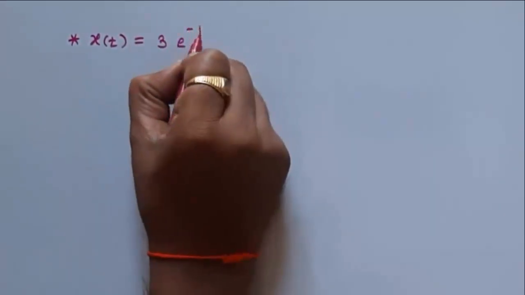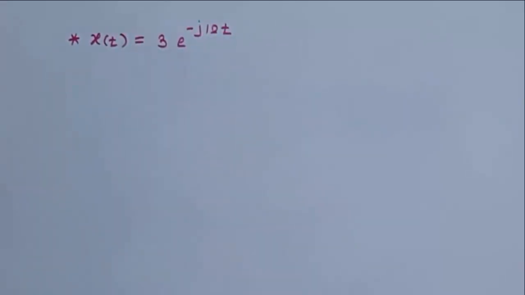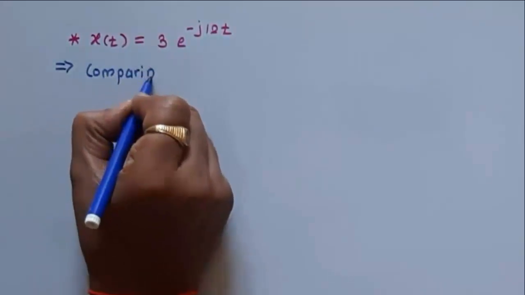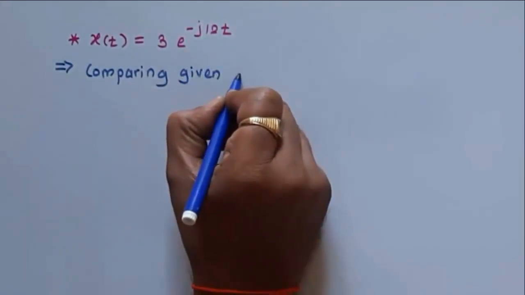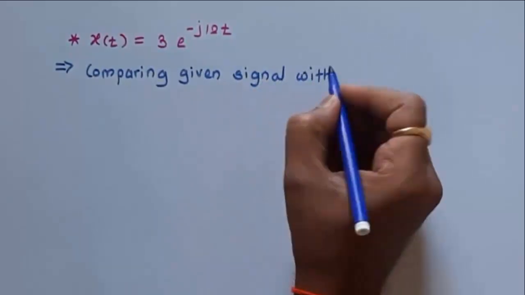First example, x of t is equal to 3 e raised to minus j 12t. Given signal x of t is a complex exponential signal.